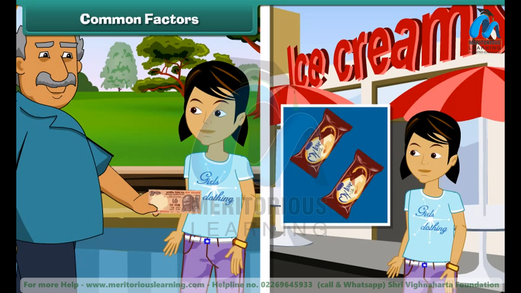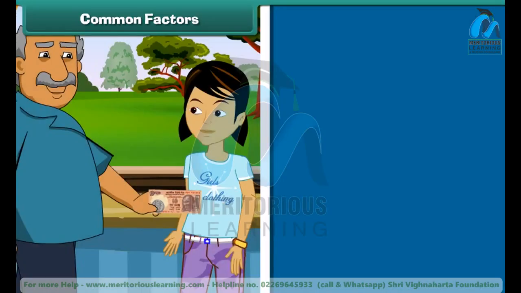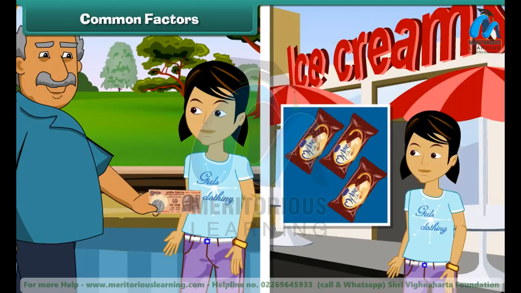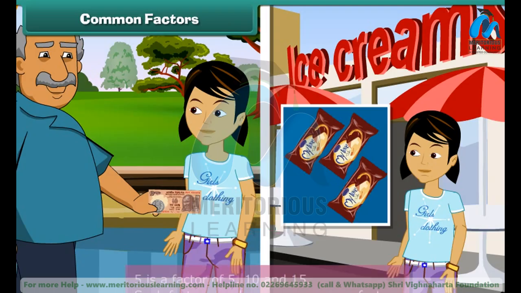We can express it as 2 multiplied by 5 is equal to 10. Next week, he gives her 15 rupees. She decides to buy 3 orange bars. We can express it as 3 multiplied by 5 is equal to 15. It is clear that 5 is a factor of 5, 10, and 15. Such factors are known as common factors.